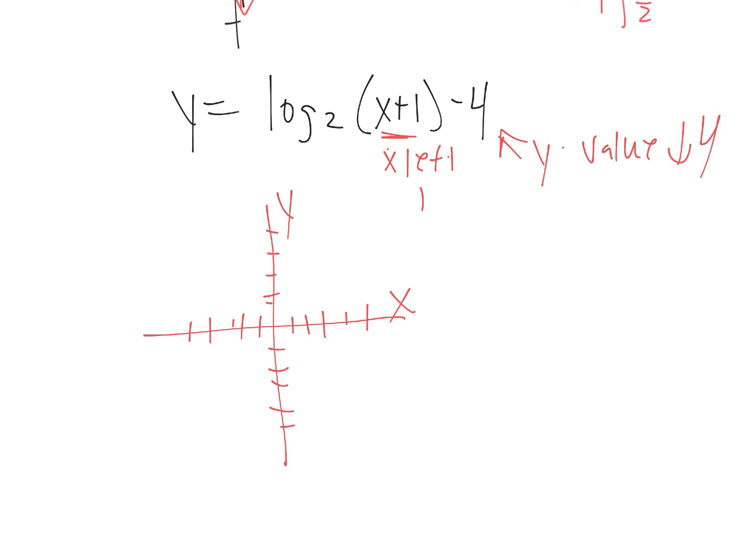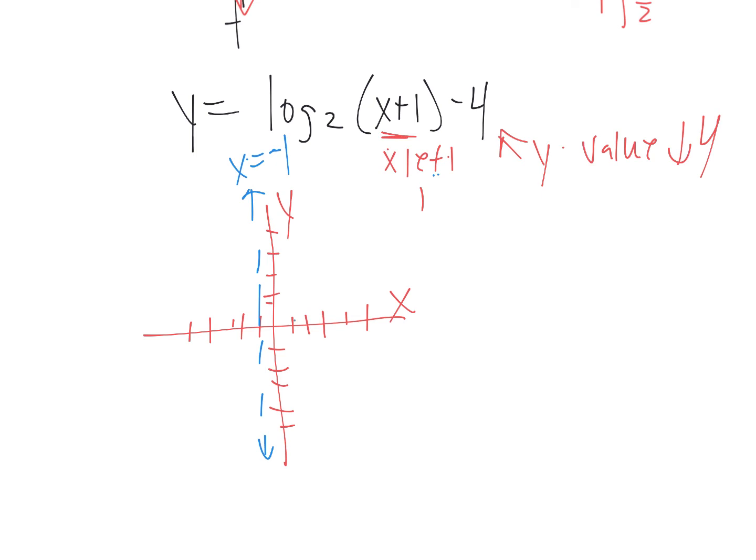And so it took that x equals 0, the parent function, and it moved it left 1. So now it's here. Okay, then that also, the parent function was at 1, 0.